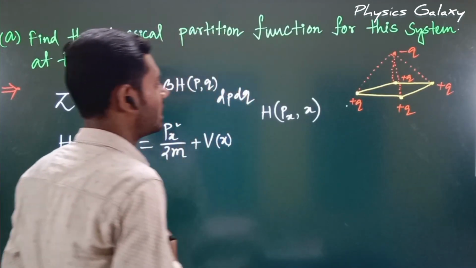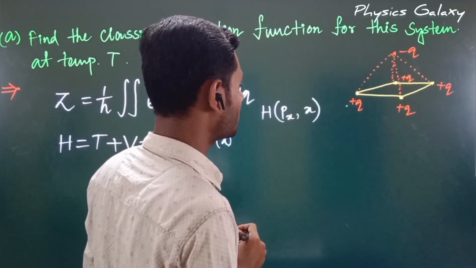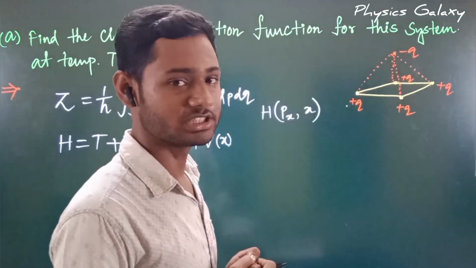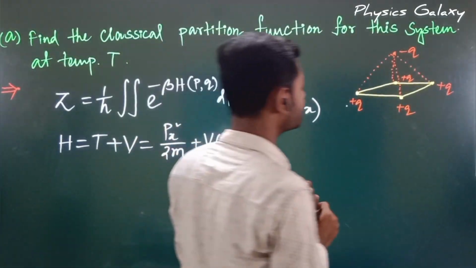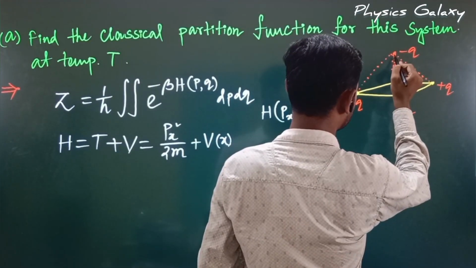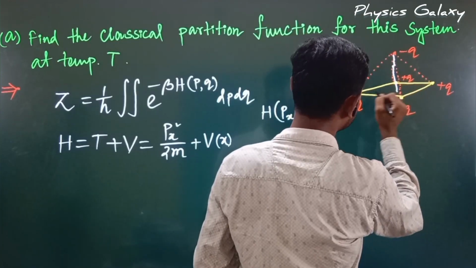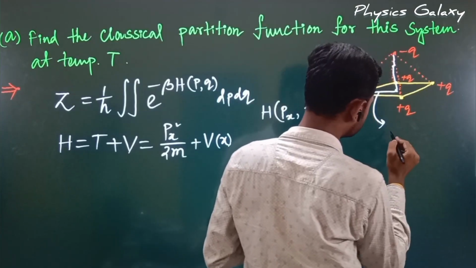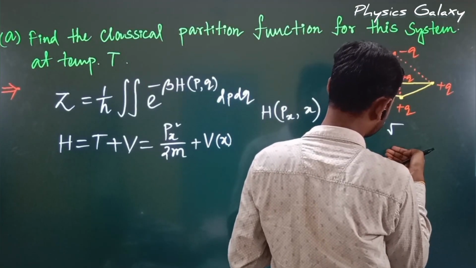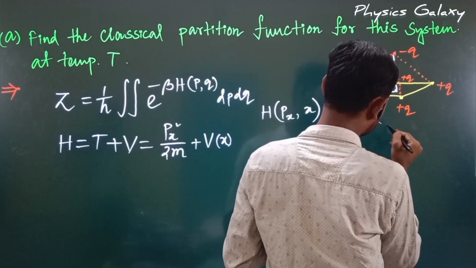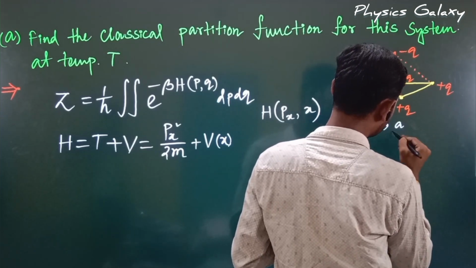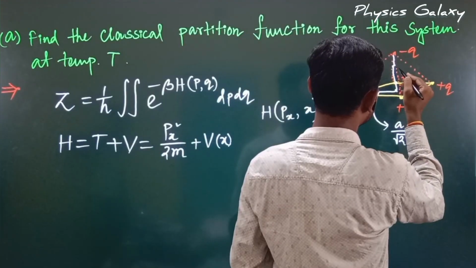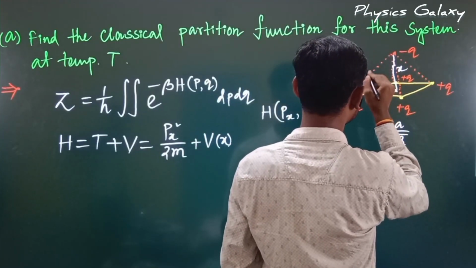Now I have to write the potential energy of this system. We know this length is a by root 2, and this is x, and I call this r.